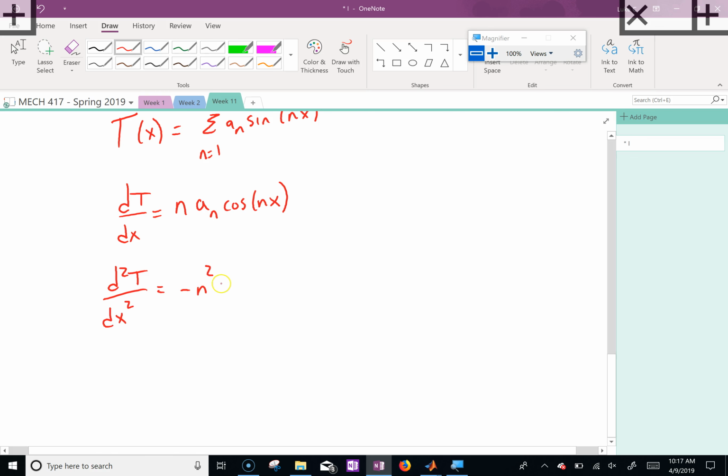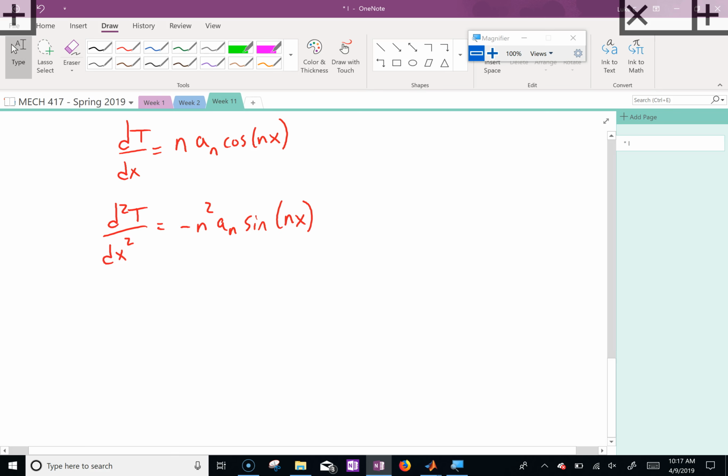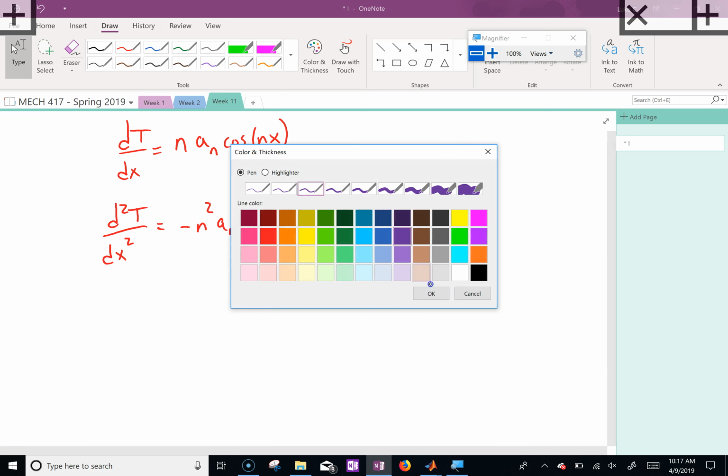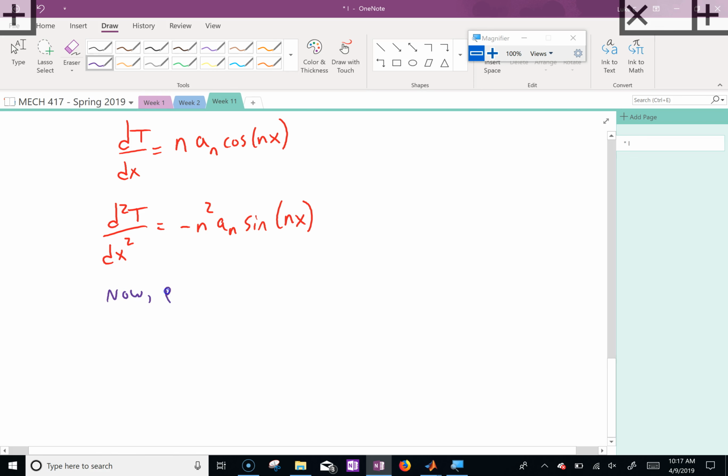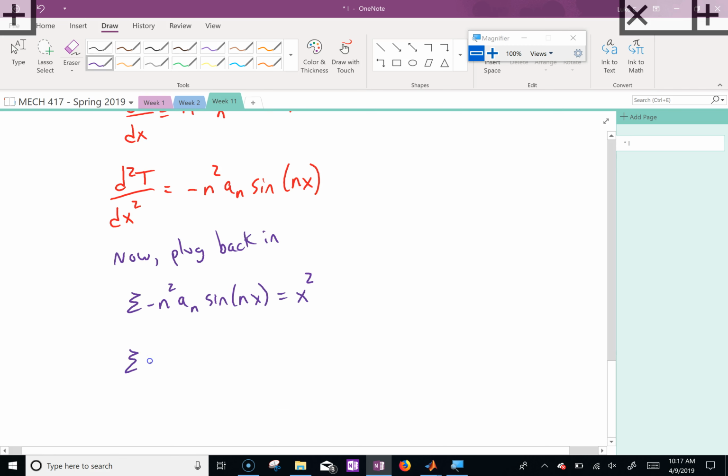Minus n squared an sine of nx. Now we plug back in. An sine of nx equals x squared, and we have this.